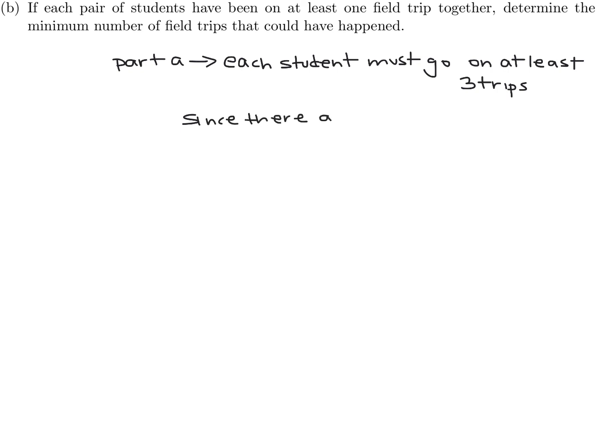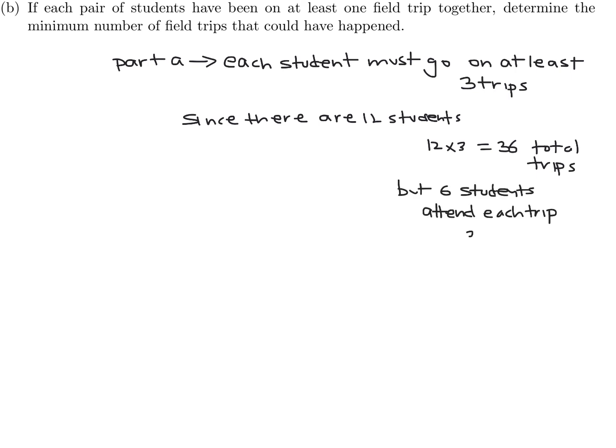Since there are 12 students, that means there's 12 times 3, which is 36 total trips. But 6 students attend each trip. So that means we have 36 divided by 6, which is 6 unique trips.